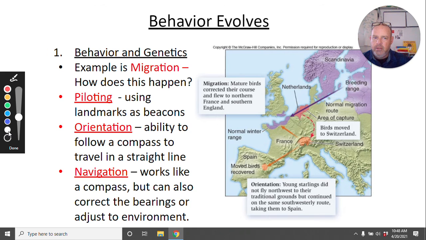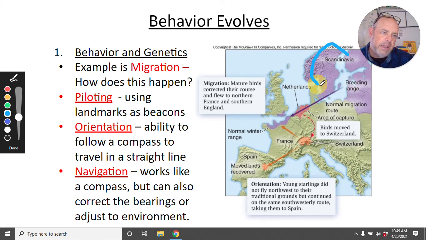Grab a pen here. So up here in Scandinavia, this is their normal breeding range for these birds. And so typically they're going to fly south for the winter range, and they're going to fly in a straight line down south, and they're going to winter here in England and right here in France. This is their winter range.